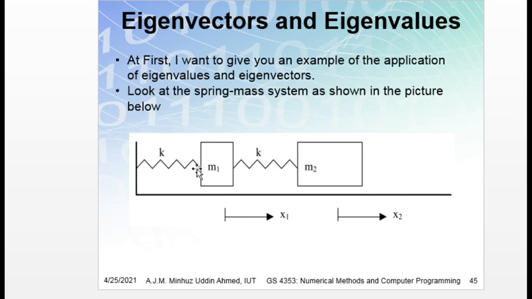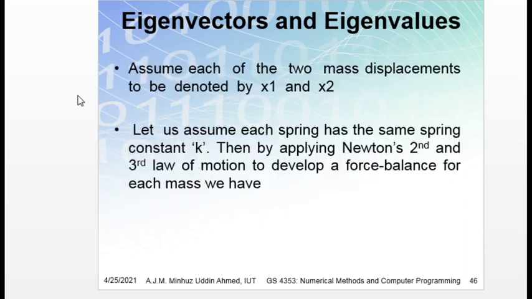This is a simple harmonic motion, as you know. So the two masses' displacements are denoted by x1 and x2, and the spring constant is k.